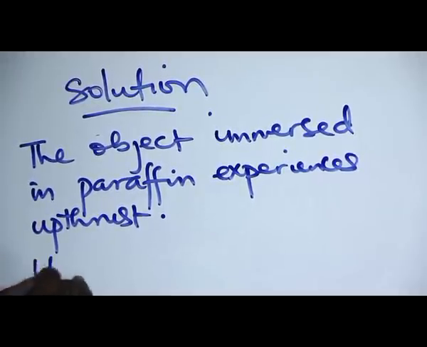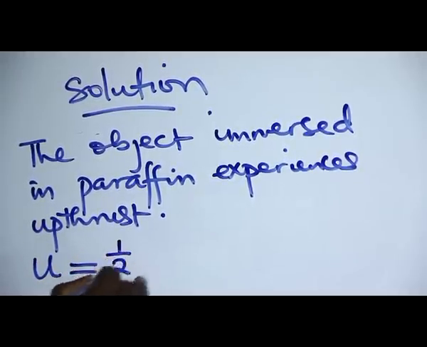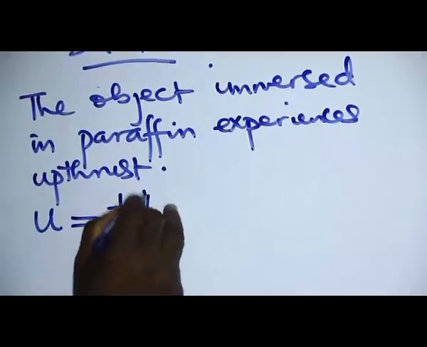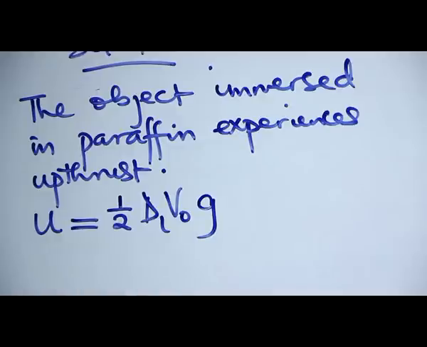The upthrust U is equal to half times the density of the liquid, the volume of the object times g, because half of the object is immersed in the paraffin.